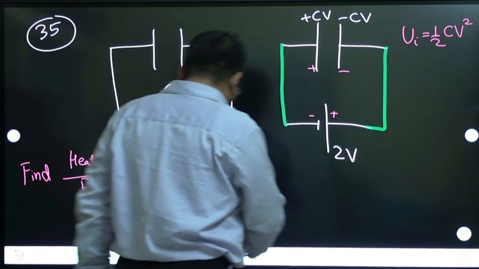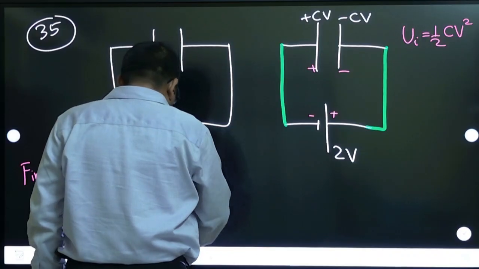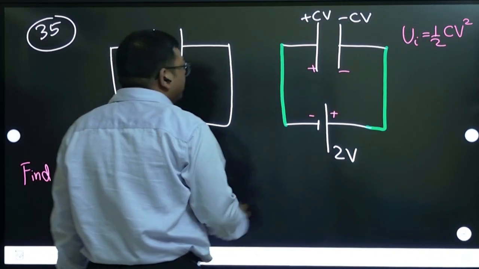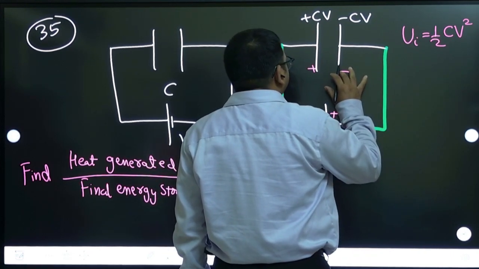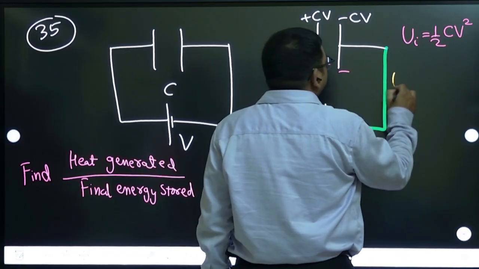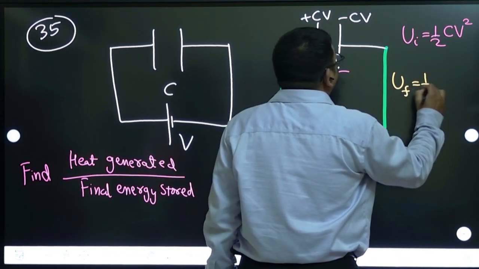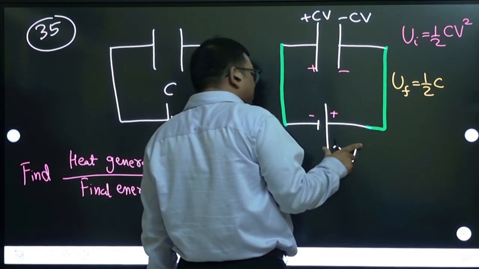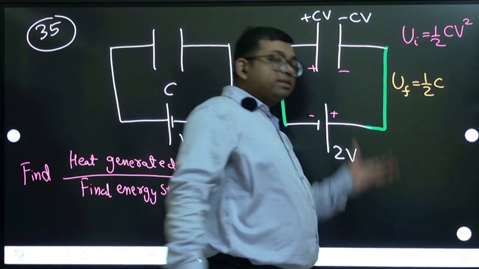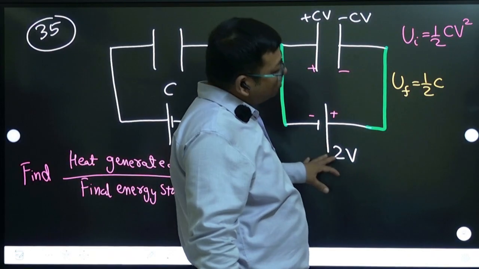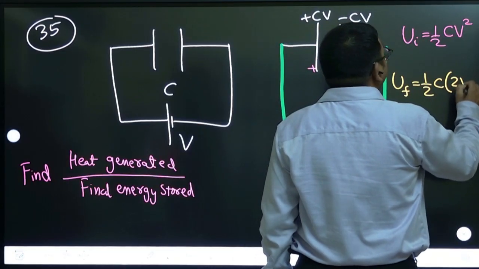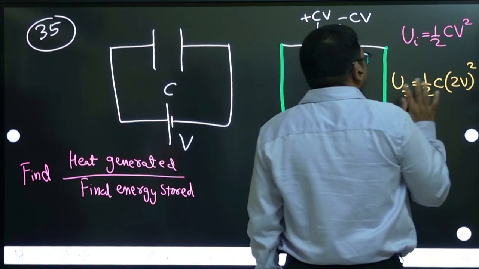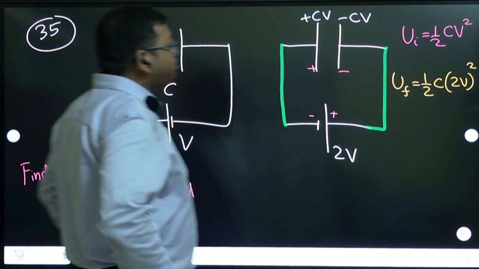Finally this battery will send charge here. So the final energy you can write as half C into 2V whole square. This will be the final energy.